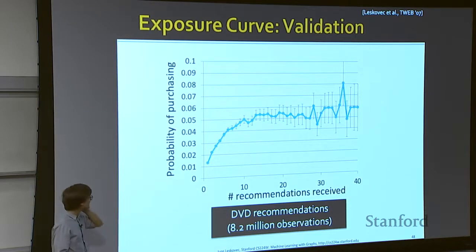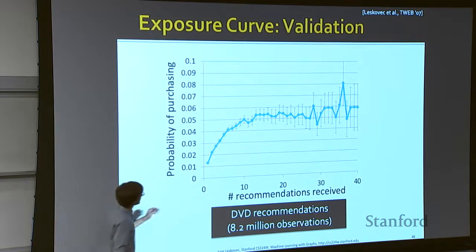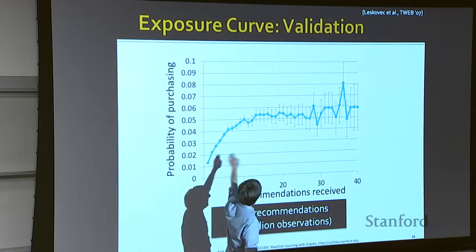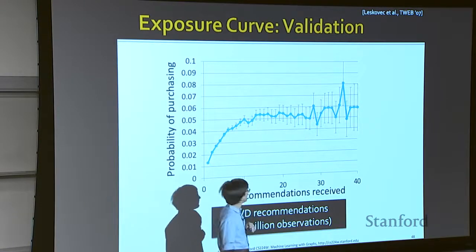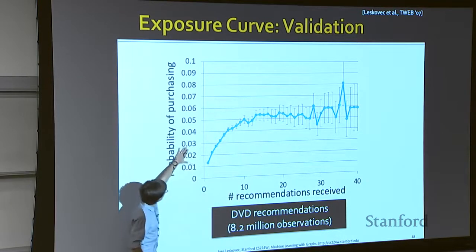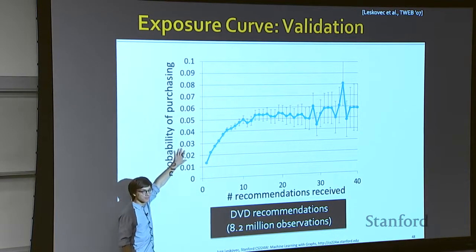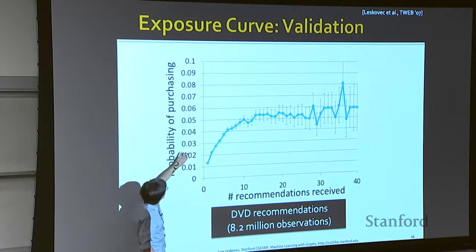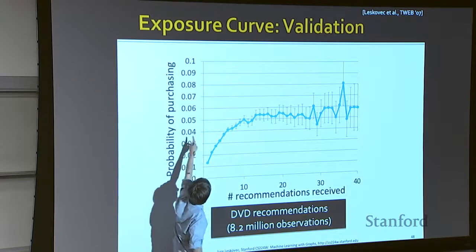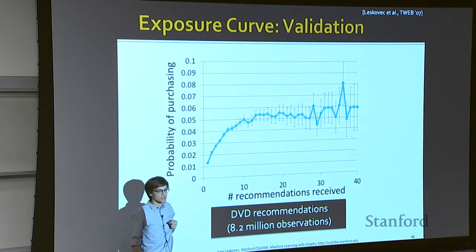What do you notice? You notice two things. The first thing is you notice that it has this kind of nice diminishing returns shape. You see it kind of saturates. Another thing you notice is that the infection probabilities are very low. So even after 10 recommendations, your probability of buying is only about 5%.